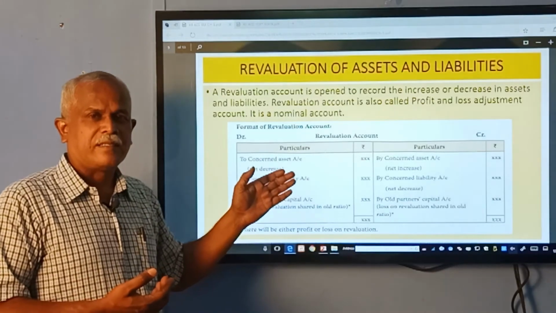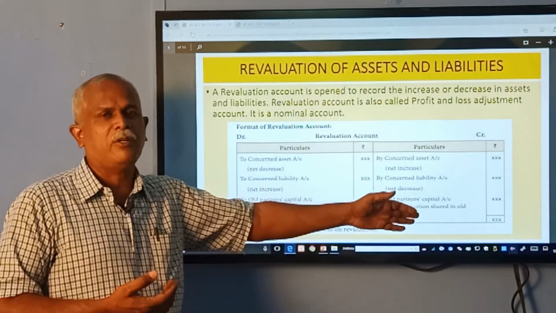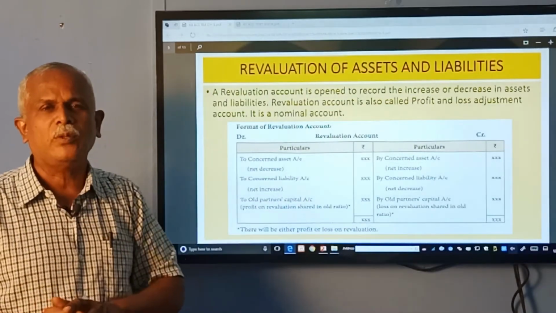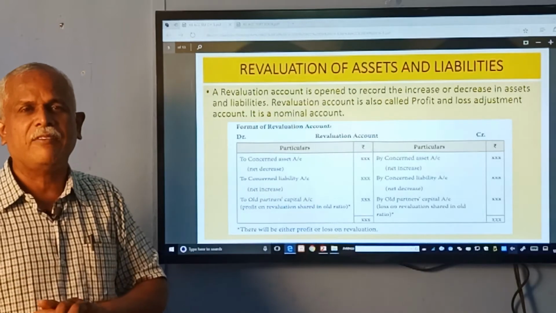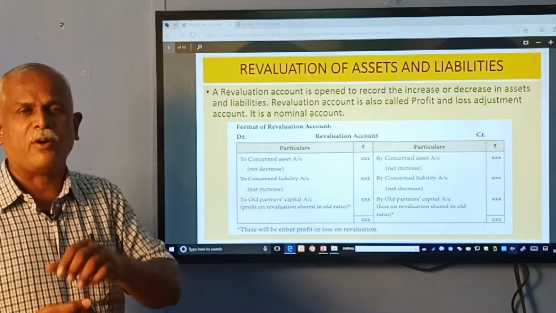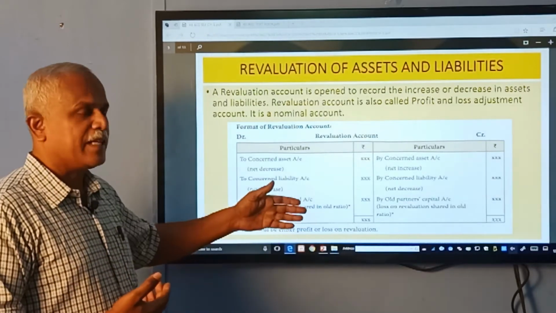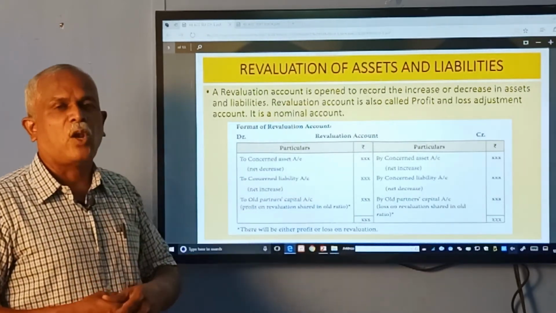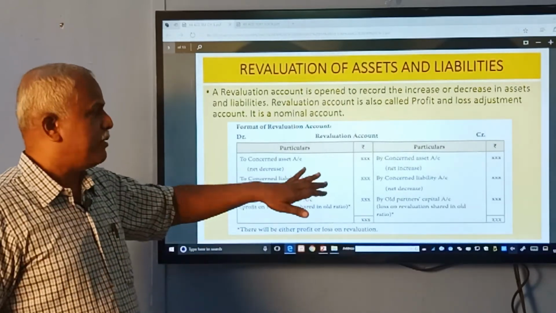Then balanced, the result of which may be revaluation profit or revaluation loss, which will be transferred to partners' capital account by passing a journal entry. That is, if it is a profit item, revaluation profit, revaluation account to old partners' capital account. If it is loss, revaluation loss, then partners' capital account to revaluation account.